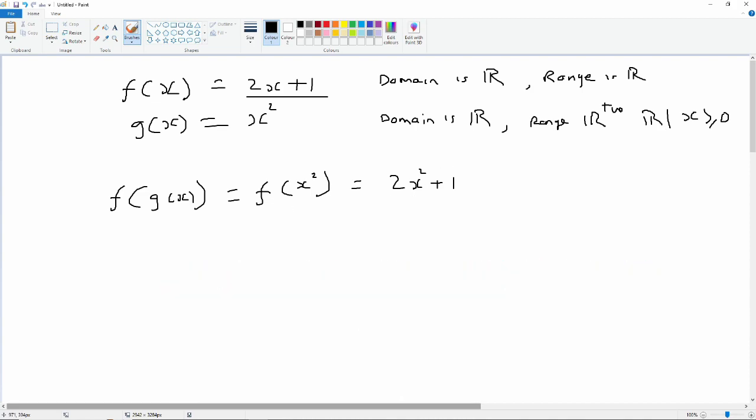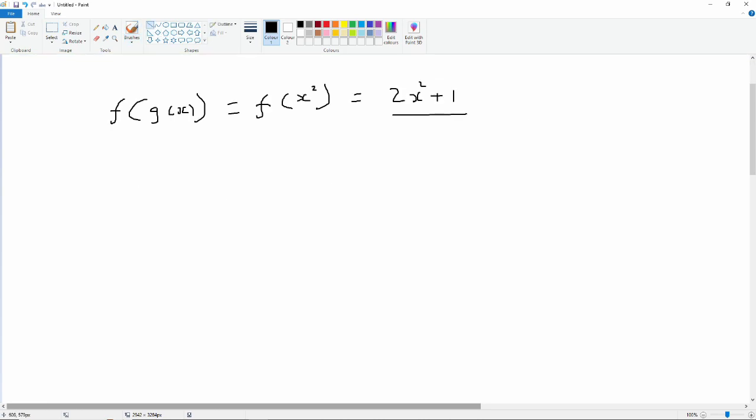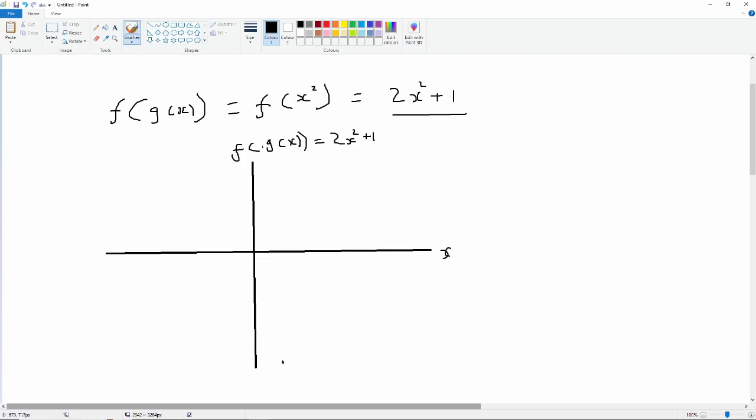Right, so what then is our domain and range of this? Well, to find this, we really probably want to graph it, don't we, to see exactly what's going on. X can be anything, right, so anything can go on the x-axis. Now, if x is 0, then we're going to have 1.